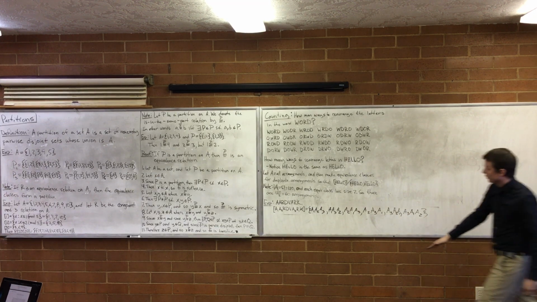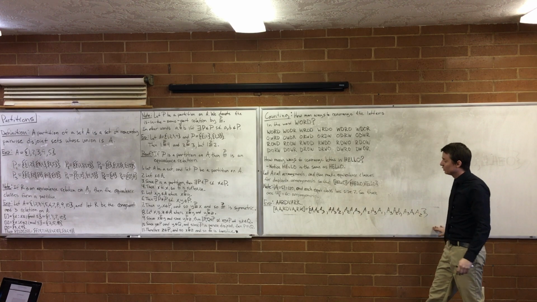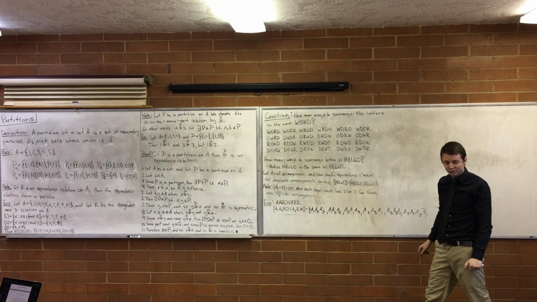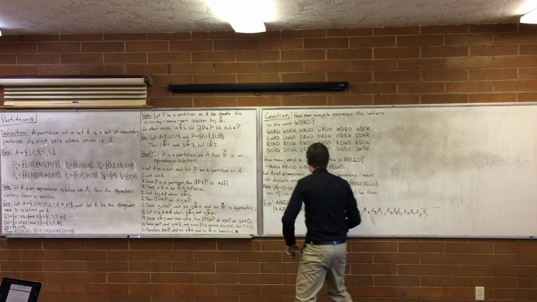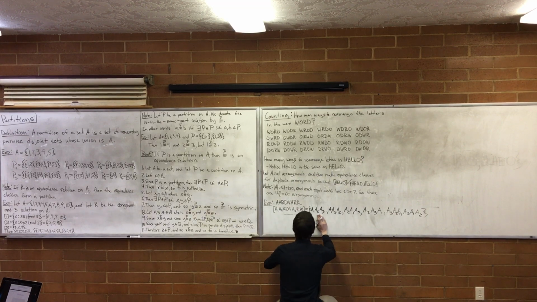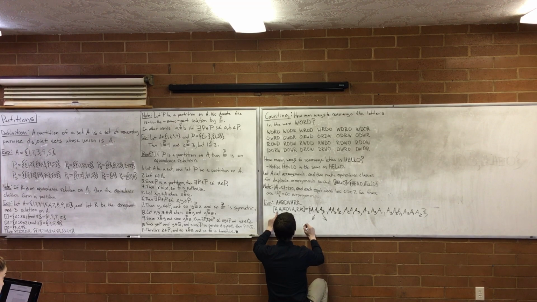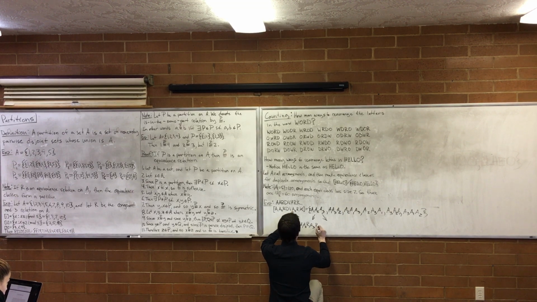Now, for each of these arrangements of A, I could have chosen R two ways. Oh boy. So instead of A1, A2, A3, I could have done this two ways. It could have been A1, A2, R1, A3, R2.